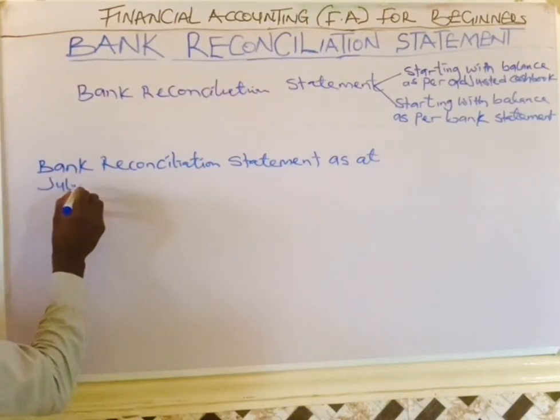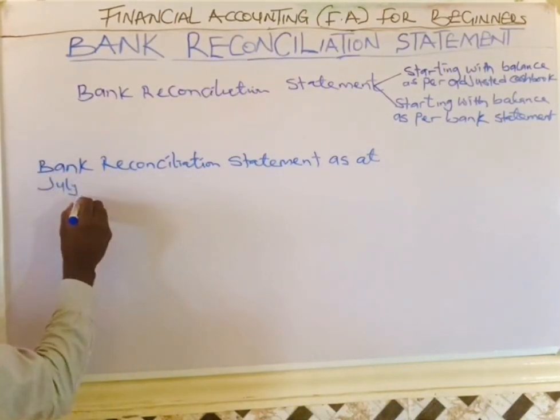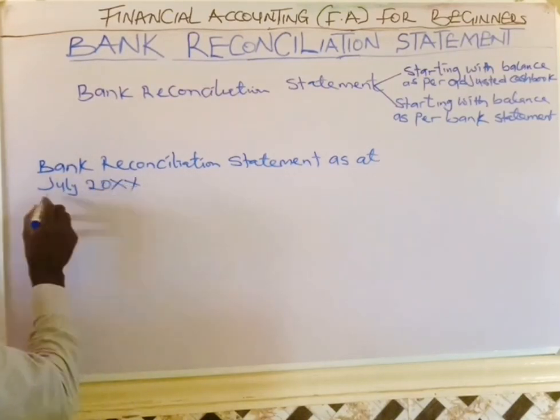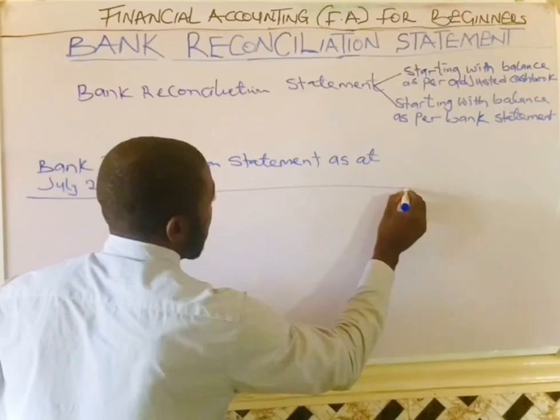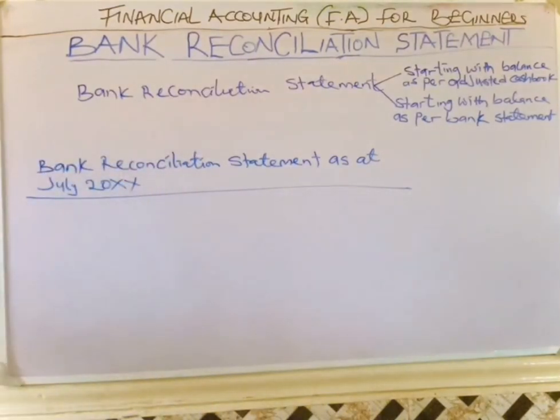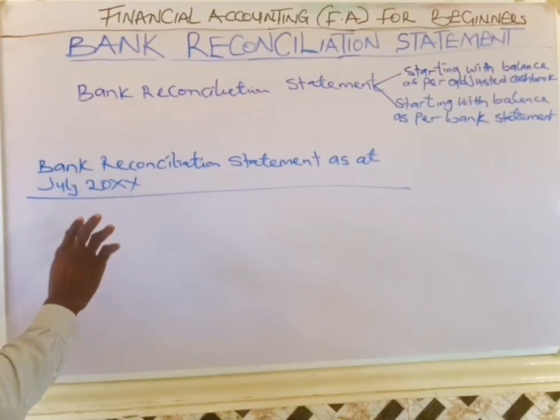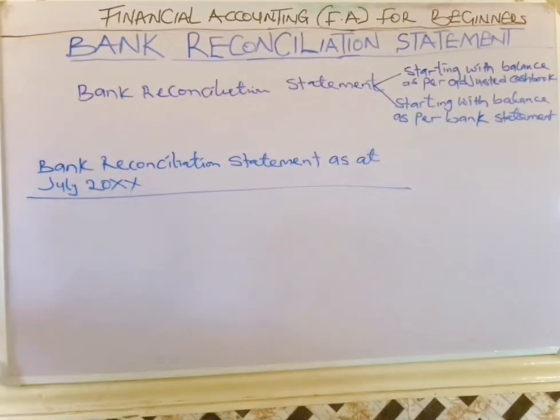July is our month, since from the cash book we prepared, then you rule it.